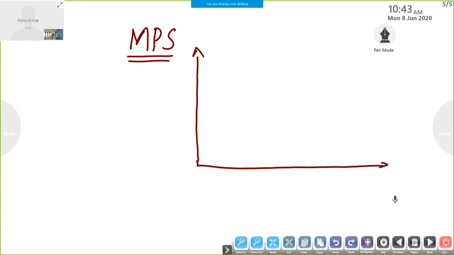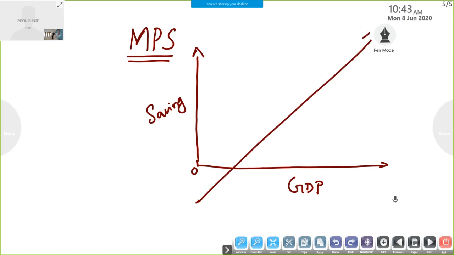Here saving, and here we are taking level of income, or GDP or national income. Then we need a saving curve. Suppose this is our saving curve. You just mark the break-even point here, where saving is equal to 0.